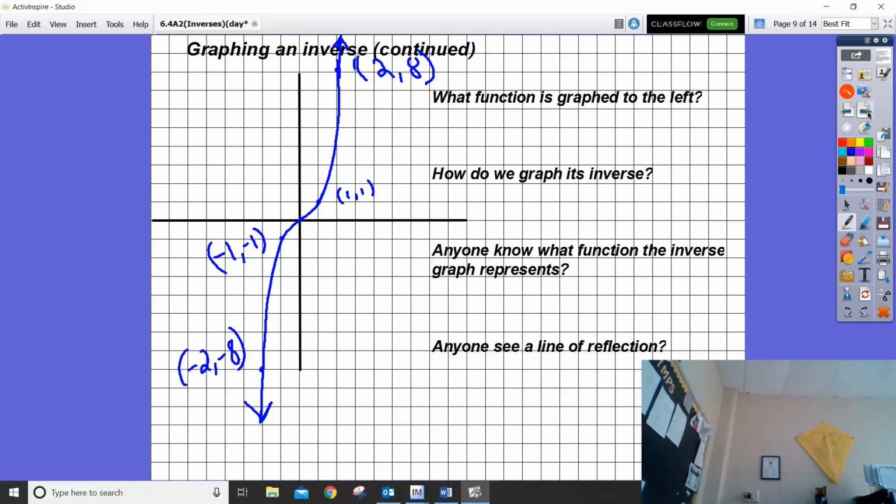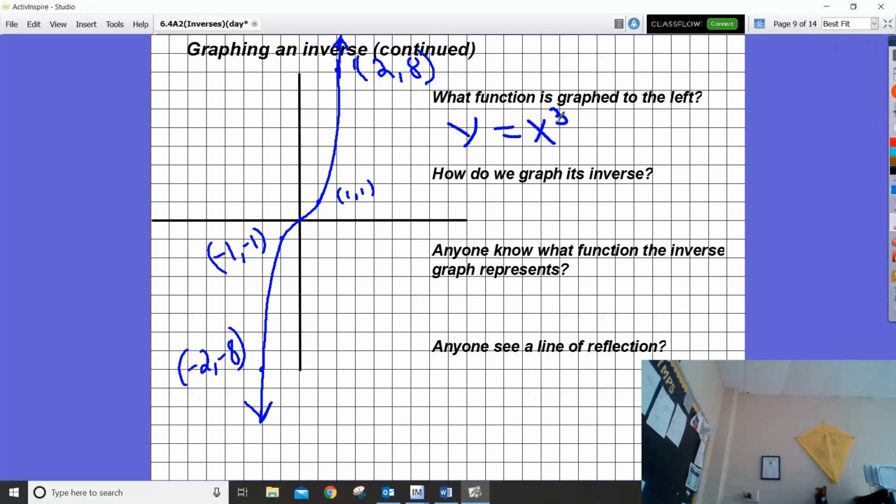The third, according to Sean, and Sean is right. Yes. y equals x cubed. You take a 2 and you say 2 times 2 times 2, what do you get? 8. You take a negative 2 and you say negative 2 times negative 2 times negative 2, what do you get? That's y equals x cubed.